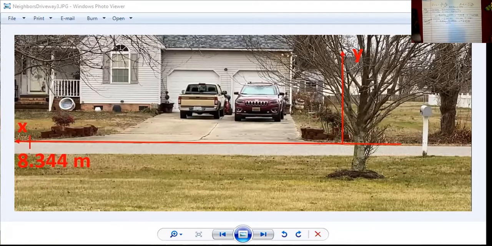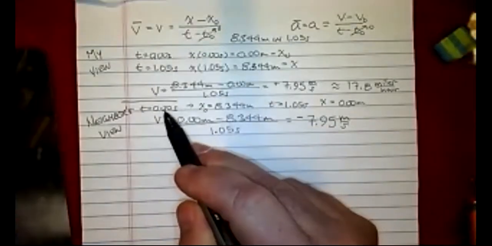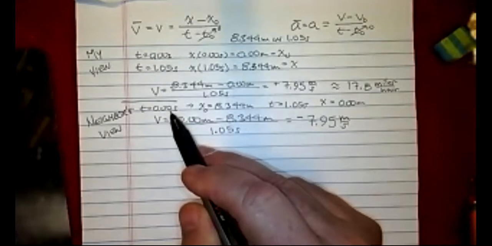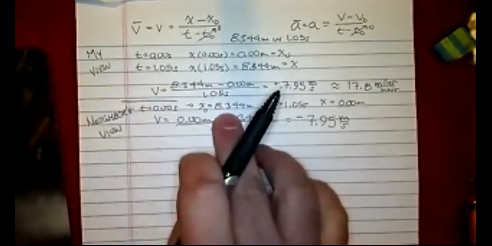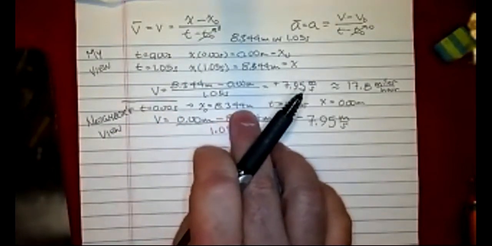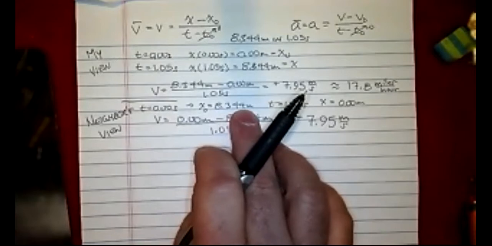So let me show you my calculation. I'll stop sharing. So again, we took t equals 0.00 seconds. That's the instant that they got into this side of the driveway, and that position was 8.344 meters according to his measurement.